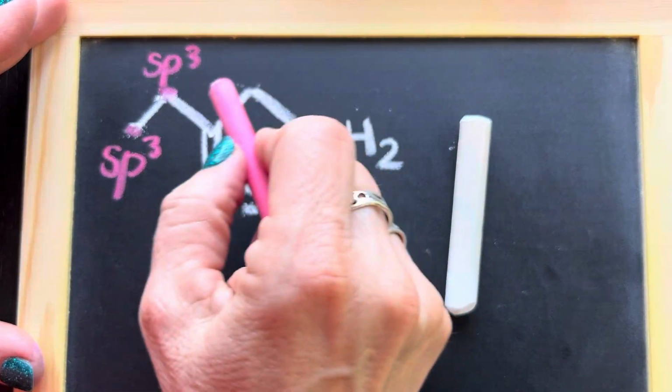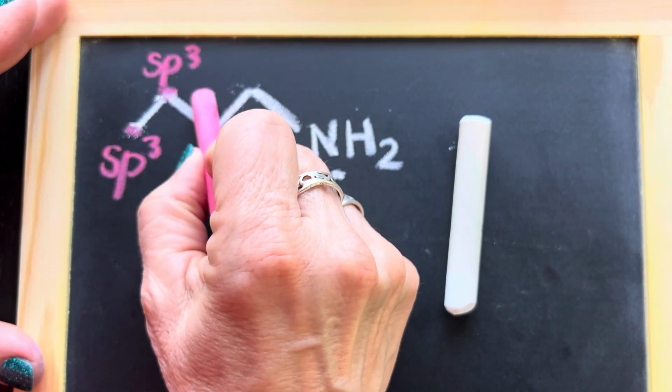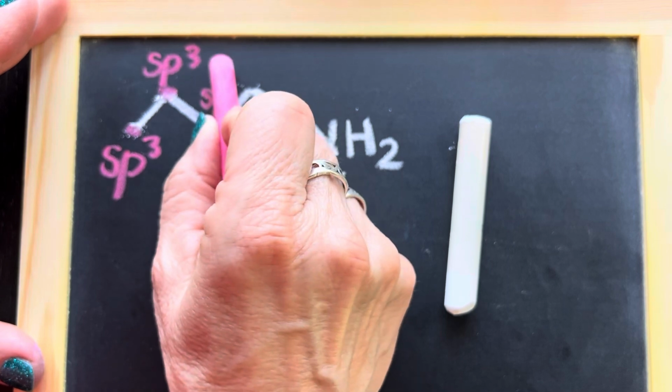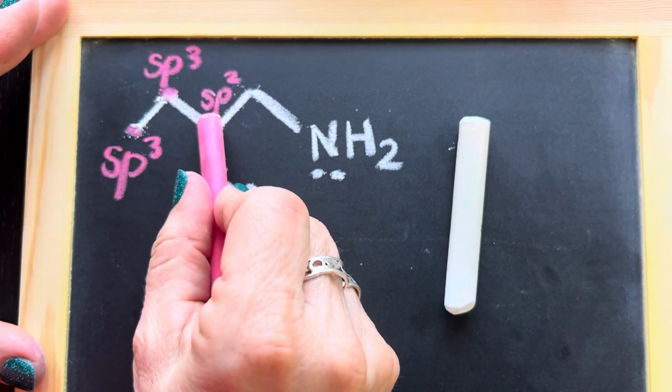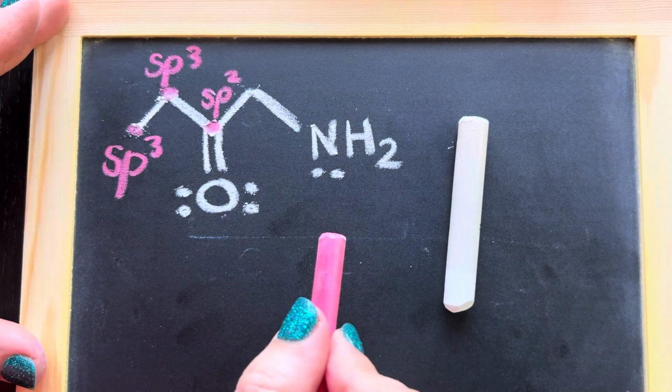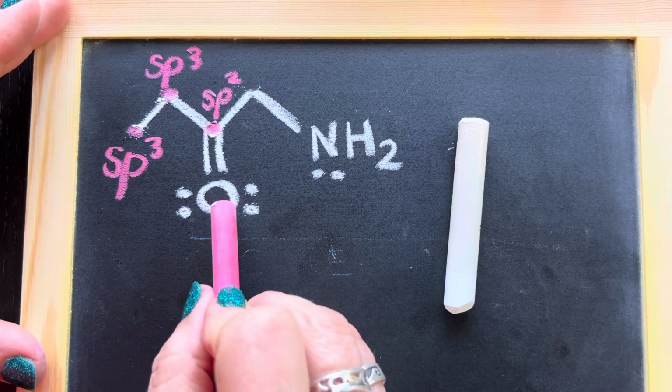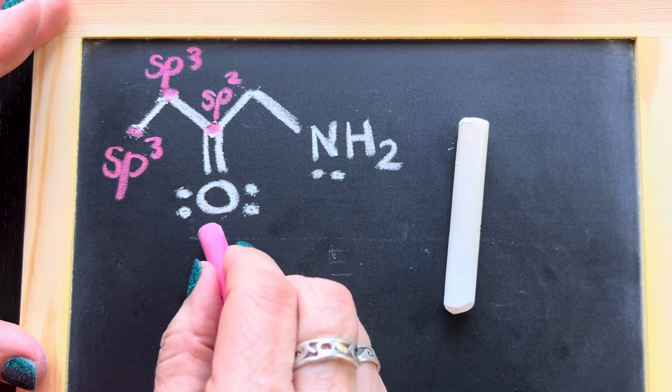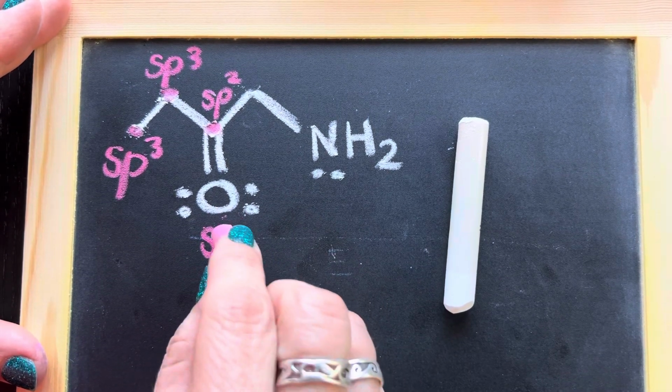So that means this carbon is sp2, this one right there. Okay, so same is true for this oxygen. It is sp2.